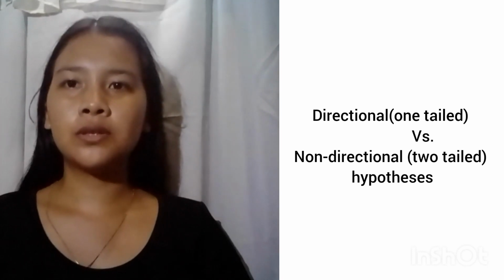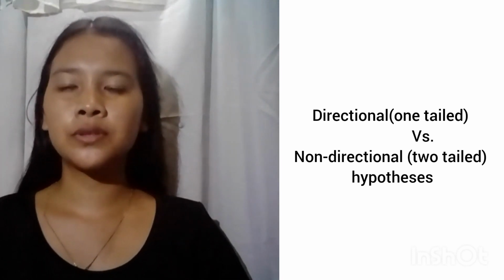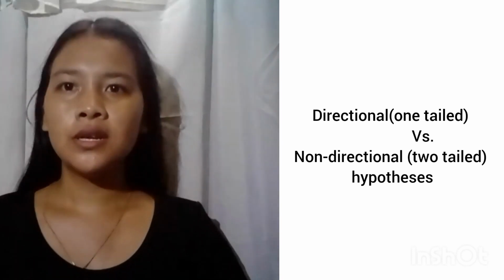Second, directional or one-tailed versus non-directional or two-tailed hypothesis. Directional hypotheses state the relationship of two variables as well as the direction of the relationship of these variables. Non-directional hypotheses, on the other hand, state the relationship of variables but not the direction of the relationship.